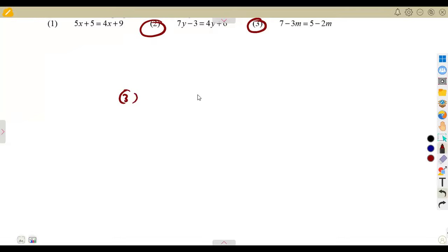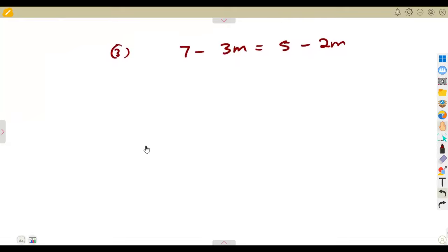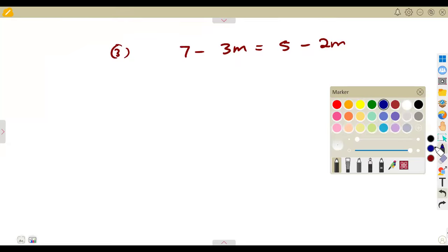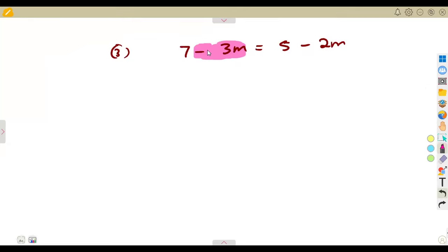On number 3, we are given again to solve 7 minus 3m is equal to 5 minus 2m. So still the same concept, just like the previous case. What are we solving for? For m, the unknown. So taking the terms of m to one side of the equation, I'm going to leave this part of m on the left-hand side, minus 3m.